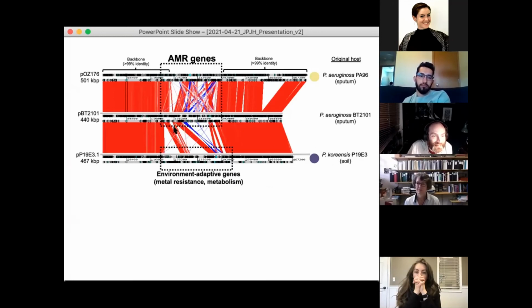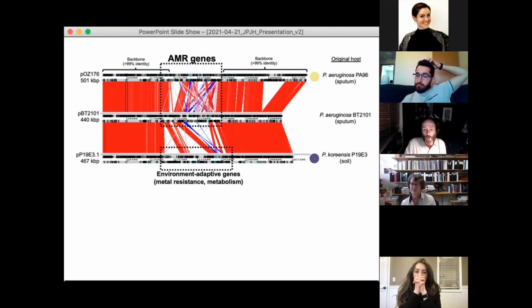And what's interesting is that we really see this strong conservation of the backbone of these plasmids, but a variable region, which really speaks to the ability of plasmids to provide environmentally or locally adaptive genes. In these clinical strains, they're providing antimicrobial resistance. In the environment, they're providing metal resistance and metabolism.